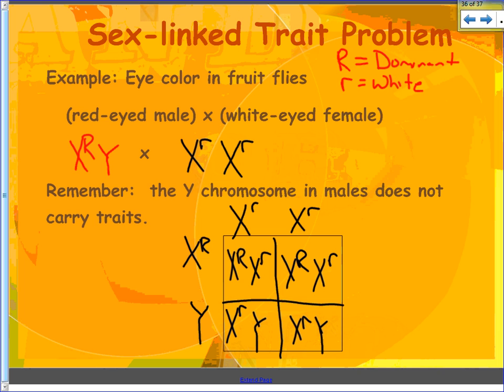So if I look at this cross now, I started in my parents, so this was my parental, and these are my F1s.